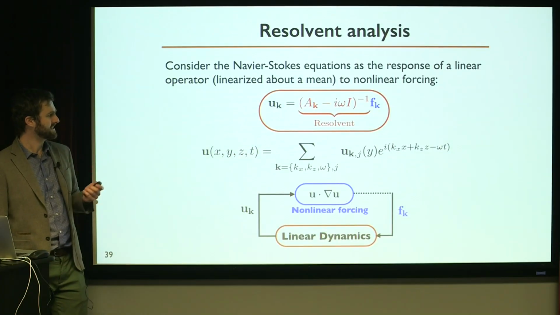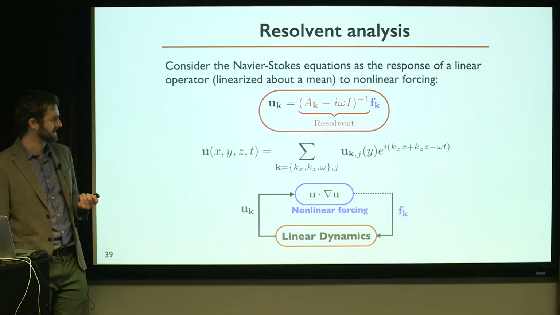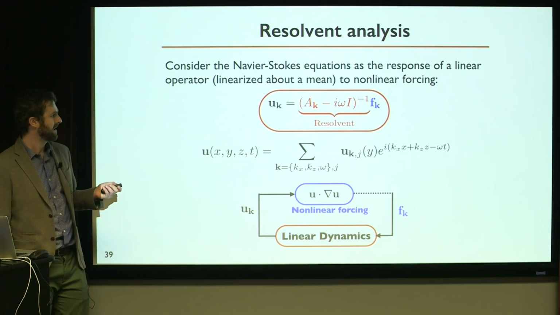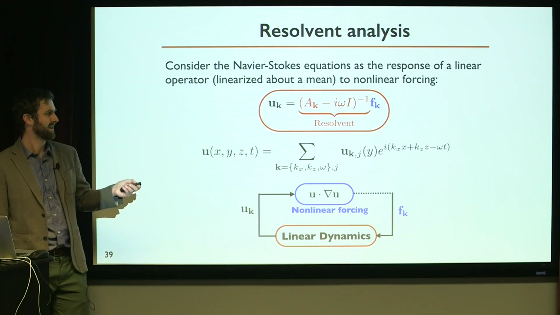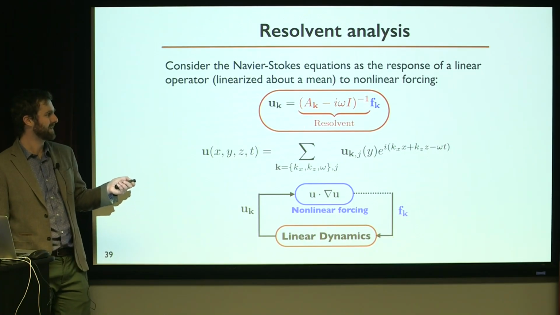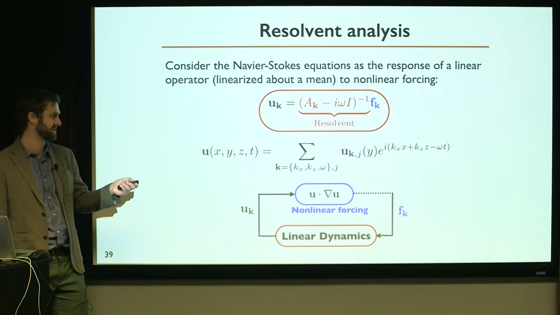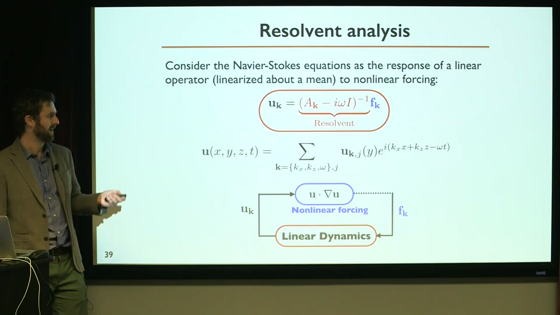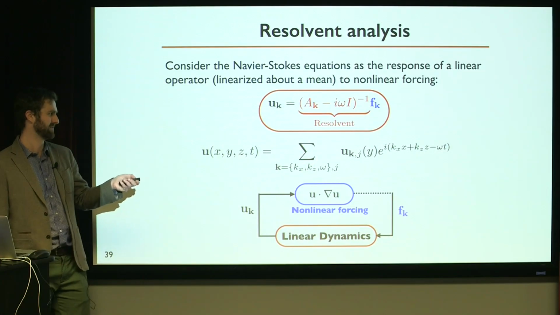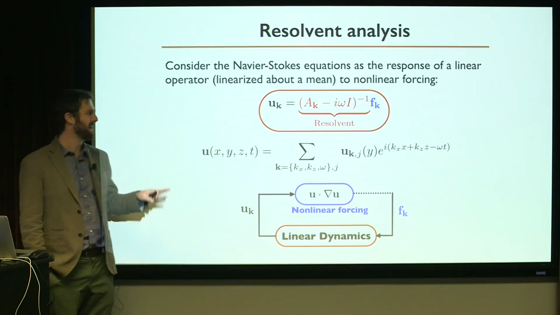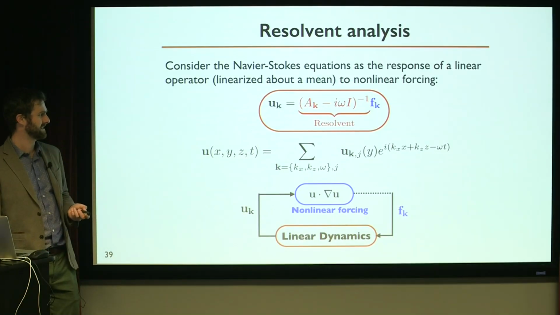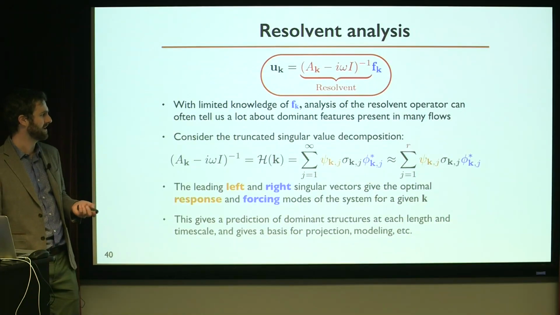I'm going to skip over the mathematical details a little bit here, but the idea is we have a nonlinear system. Again, we're writing it in such a way that we can say something about the system from a decomposition of a linear operator, which is the resolvent operator associated with the linearized dynamics. Again, the mathematical specifics don't matter too much.